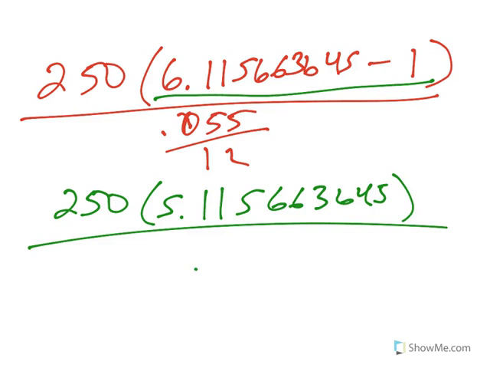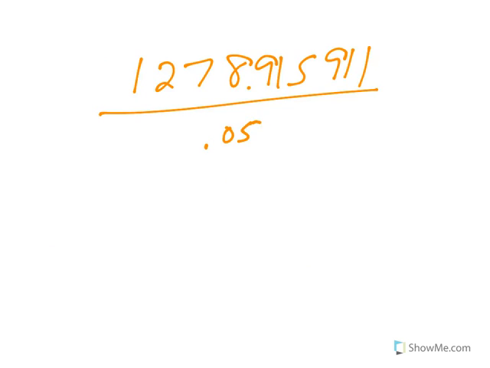This goes on forever, but you want to keep as many decimal places as possible. Now in the numerator, let's multiply 250 times that, and we end up with a numerator of 1,278.915911 divided by 0.055 over 12.